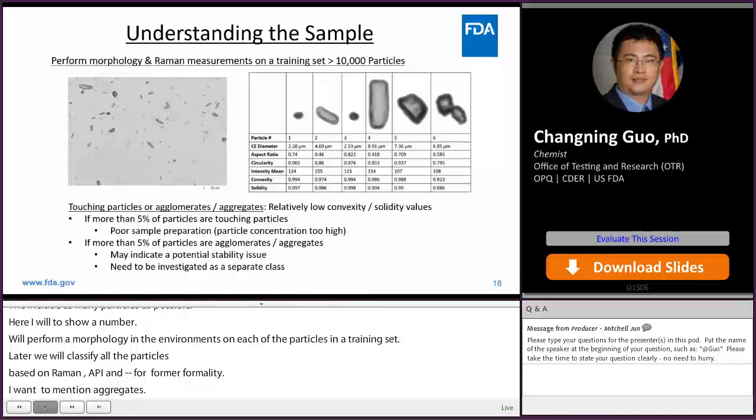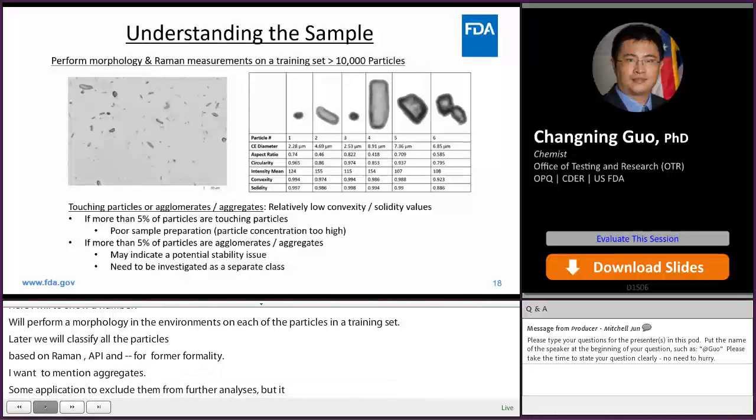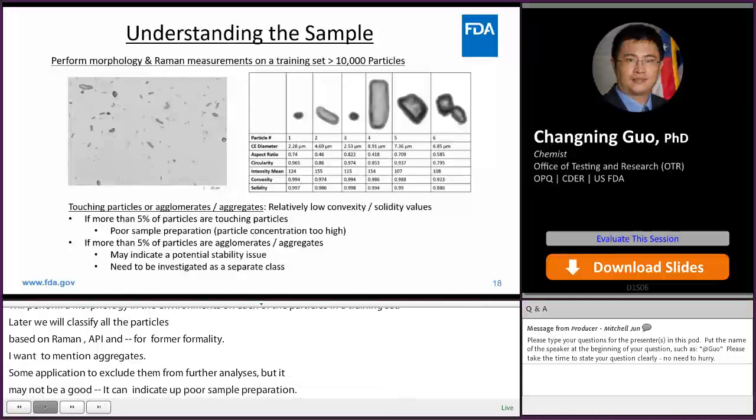You may need to go back to revisit your sample preparation procedure. If more than 5% of particles are agglomerates or aggregates, it may indicate a potential stability issue. Those particles need to be investigated as a separate class other than API and excipient.